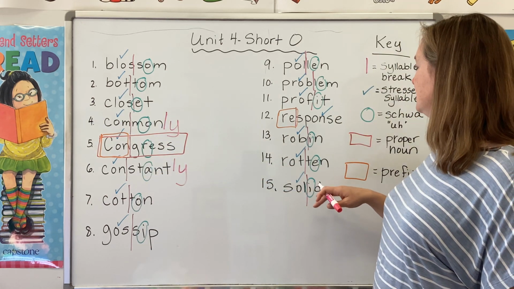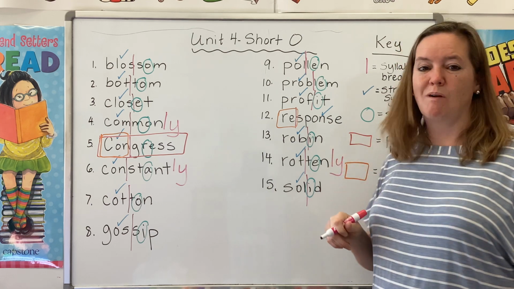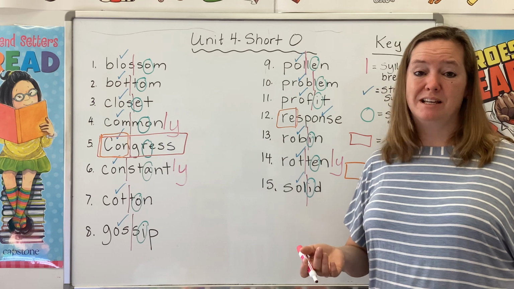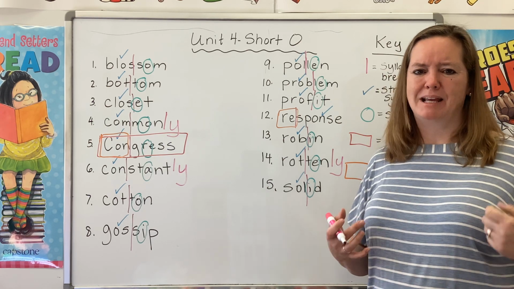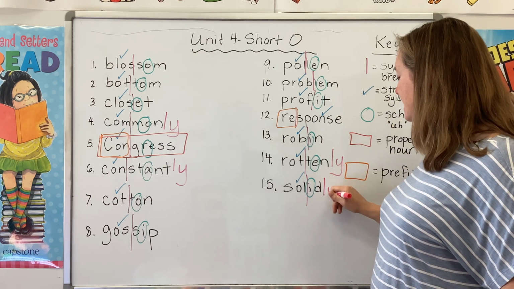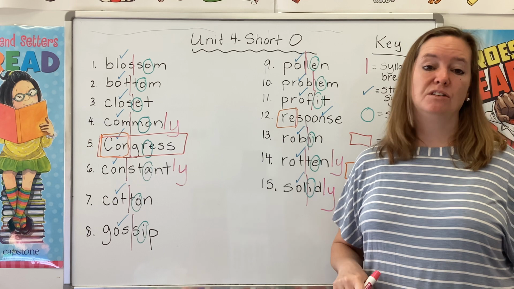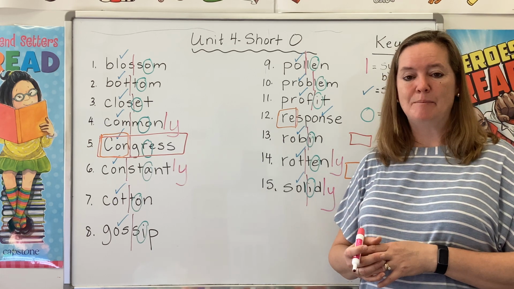We could do the same thing with rotten, rottenly. That's not a word we hear very often, but it's a real word. He rottenly grabbed my candy out of my hand. Solidly is also a word. We can take the adjective solid and change it to solidly, right?